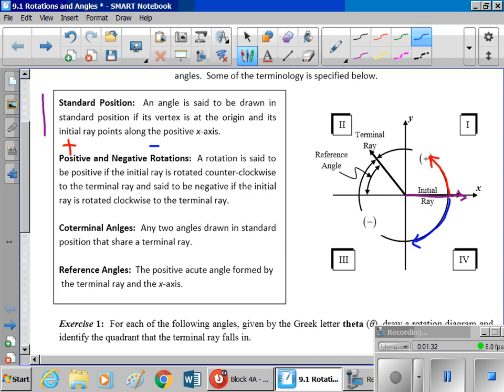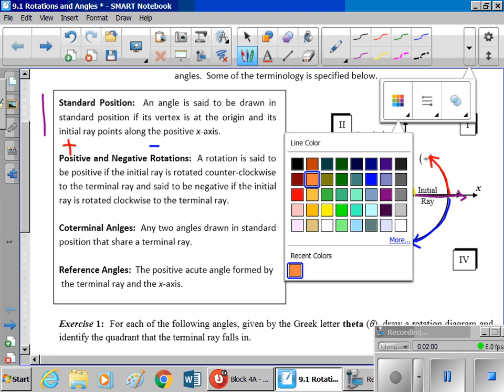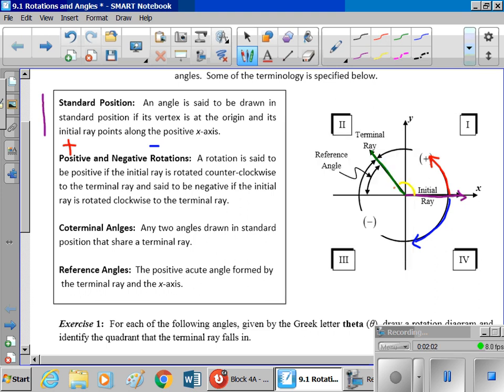All right, two angles are coterminal, and the terminal ray is going to be the other half of the angle. So the terminal is going to be this green one. Two angles are coterminal if their initial and terminal rays are the same. So what that means for us is this yellow angle here is coterminal with, let's find a new color, orange angle over here.